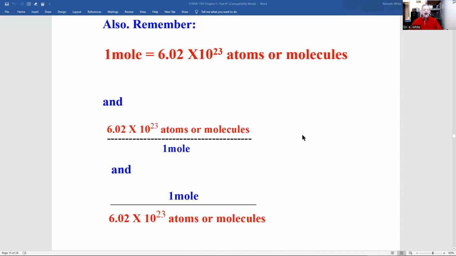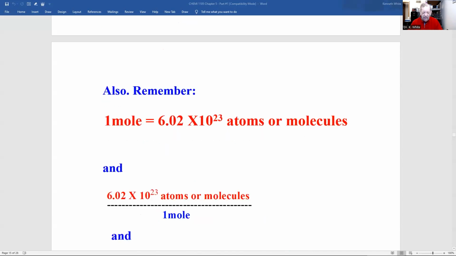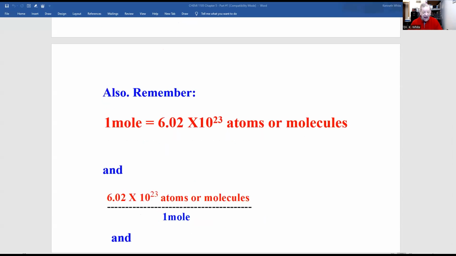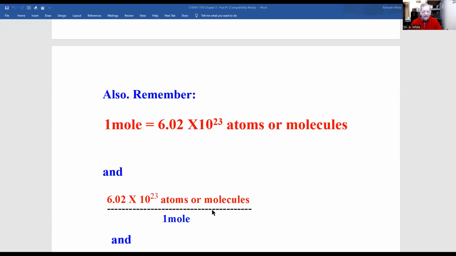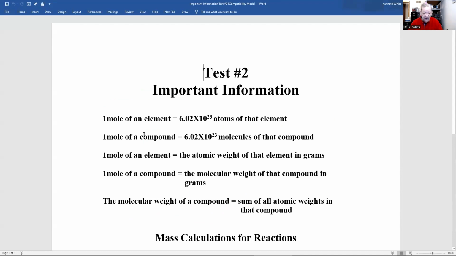Now, we were talking about moles. Remember, moles is a chemist's counting unit. And if you look at test number 2, important information, one relationship you should know. In the past, I said you'd have to memorize.